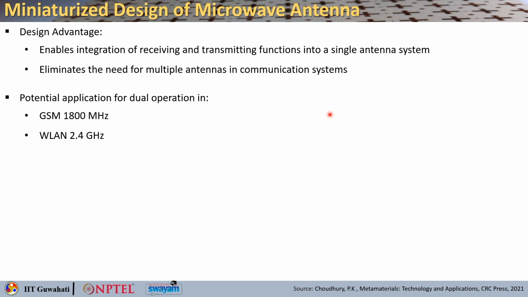For instance, you can use the same antenna operating in the GSM 1800 megahertz band and also for WLAN 2.4 gigahertz application bands. So, that allows you miniaturization of the overall antenna system.